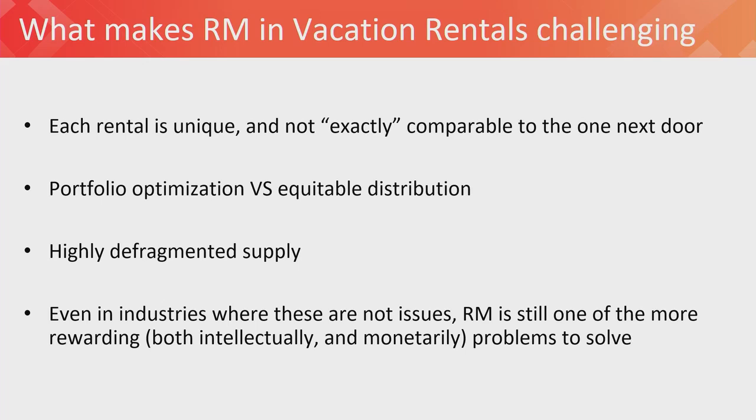The next one is fragmented supply. There are plenty of property managers, individual hosts, and rentals by owners out there, unlike other industries where supply is somewhat consolidated and things are a little more standardized. So you need to sometimes compete with the weakest link in the chain, right? And even if these factors did not exist, which they don't in some other industries, it's still one of the most complicated problems that people are trying to solve.